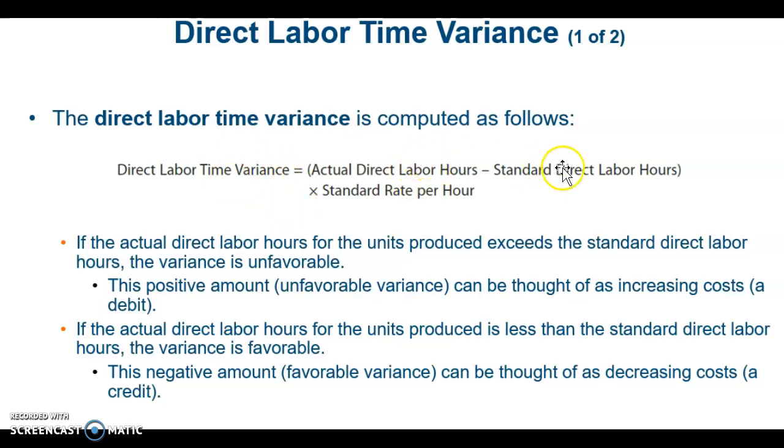So we're going to do actual minus standard direct labor hours, and we're going to times it by, we just did hours, so we need to times it by rate. And this is our second one, so it's going to be the standard rate. We plug it in. If it's favorable, we'll call it favorable. And if it's unfavorable, we'll call it unfavorable.